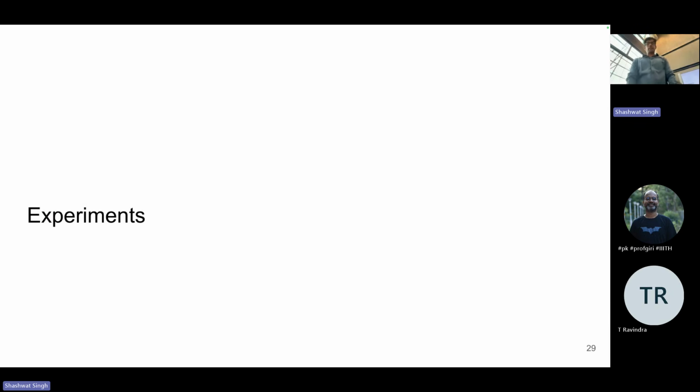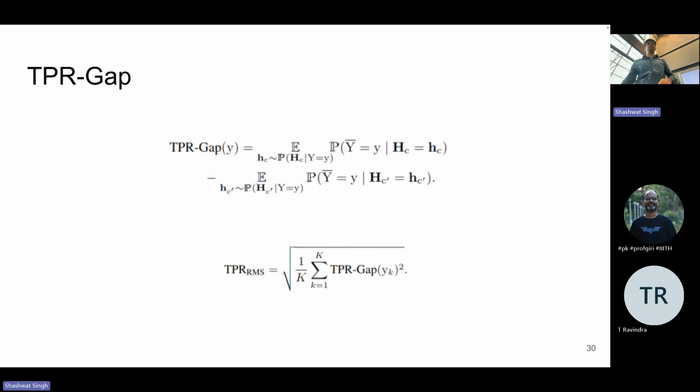So I will now go into the experiments. Before that, I will just describe a bias metric. It says that, assuming you have a multi-class classification problem denoted here by Y, and you have a binary controller attribute denoted here by C, then for a given instantiation of Y, the difference in probability should be as small as possible.